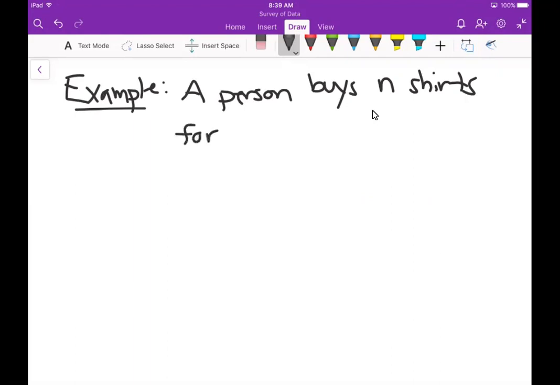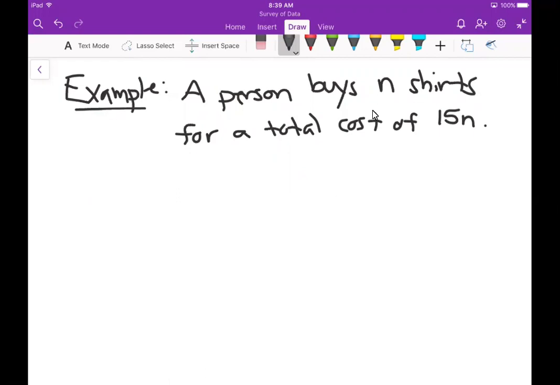And they're going to buy these shirts for a total cost of 15N. So now we have an expression involving that variable. 15N is our expression, and that is representing the cost that the person has to pay for buying this certain number of shirts.